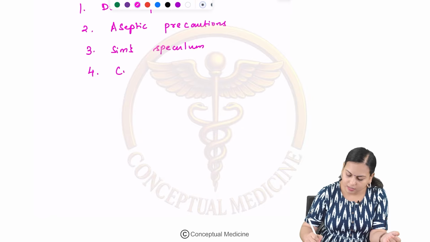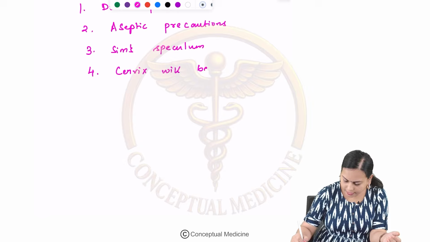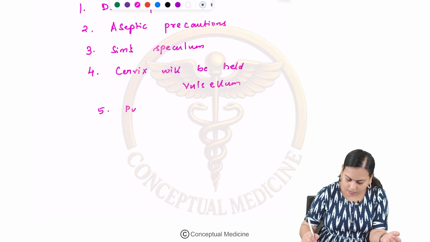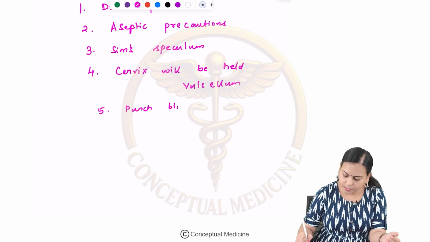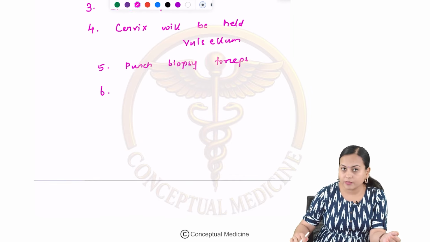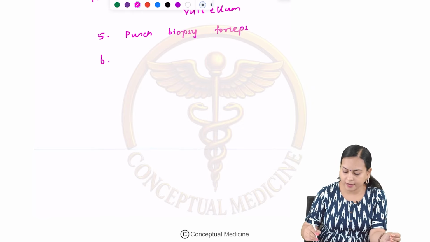Then the cervix will be held using a vulsellum. Then a punch biopsy forceps will be introduced, and biopsy will be taken from that specific area.